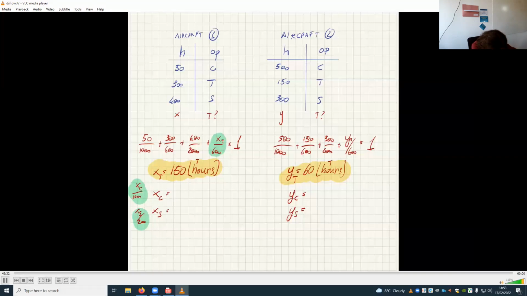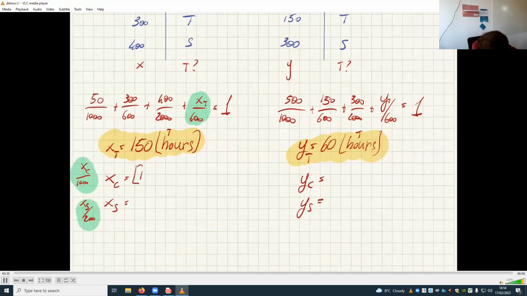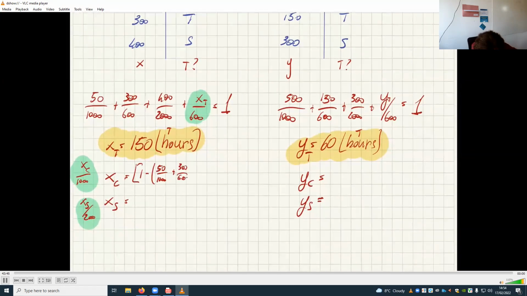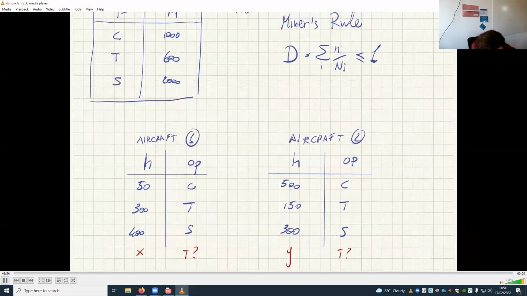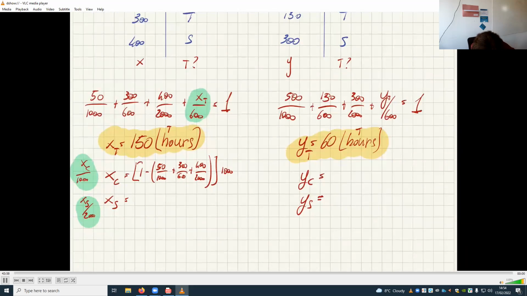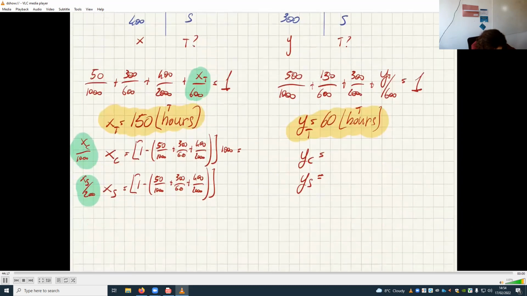This would be 1 minus 50 over 1000 plus 300 over 600 plus 400 over 2000 times XC was 1000, and this is XS, which is equal to this times 2000. So yeah, 2000.